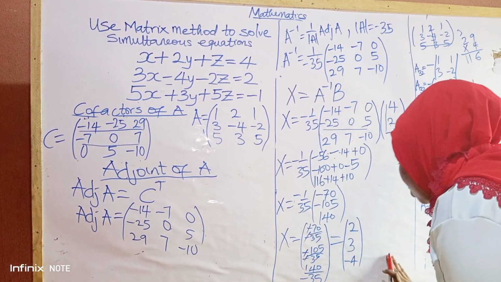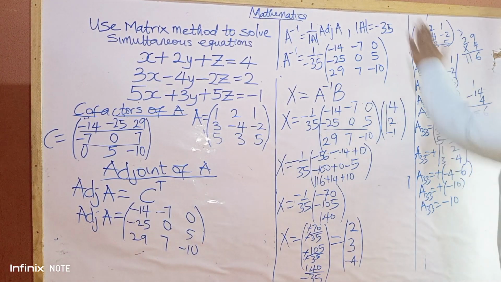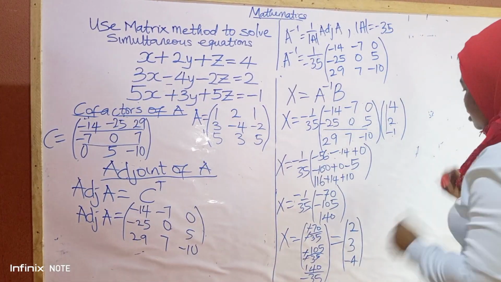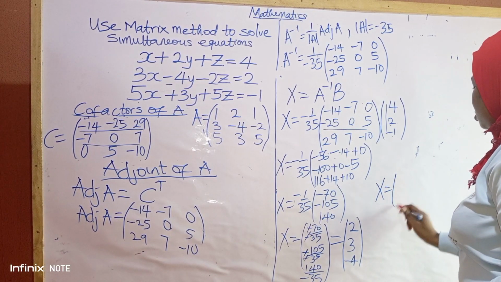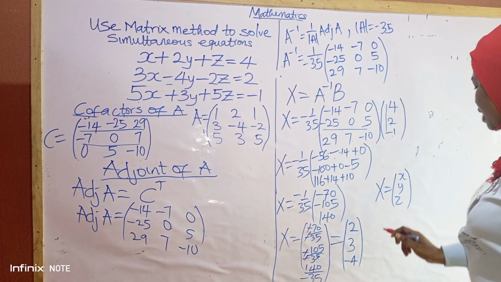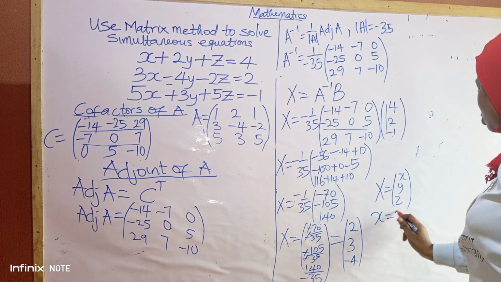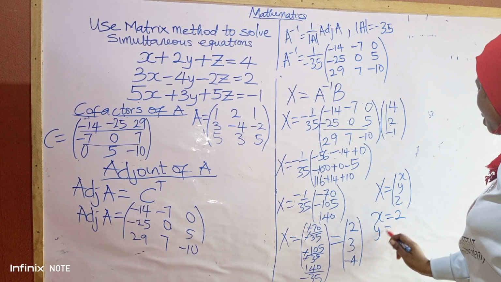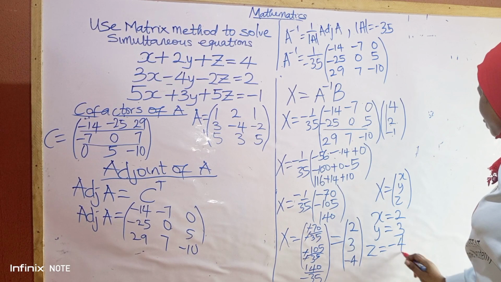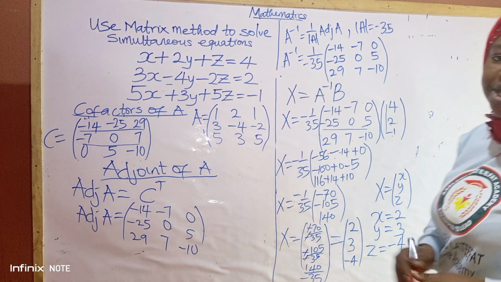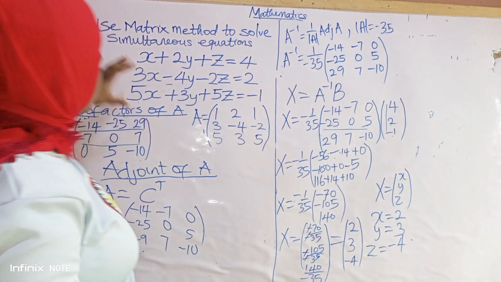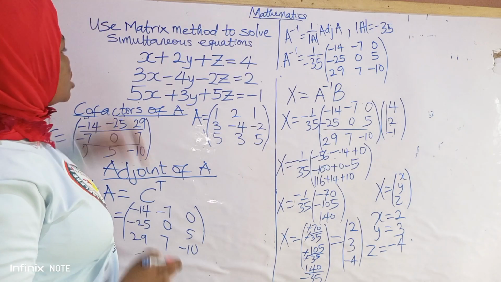And you have to recall that our x, this capital X, is equal to x, y, z. So that means x is equal to 2, y is equal to 3, and z is equal to minus 4. So we have gotten all the 3 unknowns now, and they are the solution to this particular simultaneous equation.